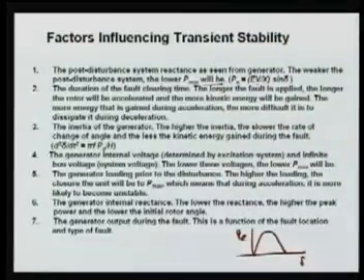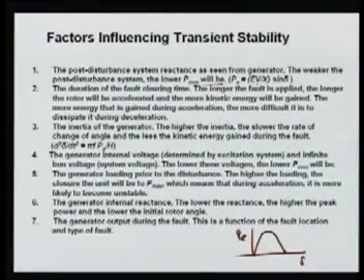However, it is not possible to reduce X, because either you trip the line or the system remains intact. If the line is tripped, your reactance will increase, P max will decrease and your margin will be reduced. So a weaker post-disturbance system means a lower P max, and that influences your post-fault system.